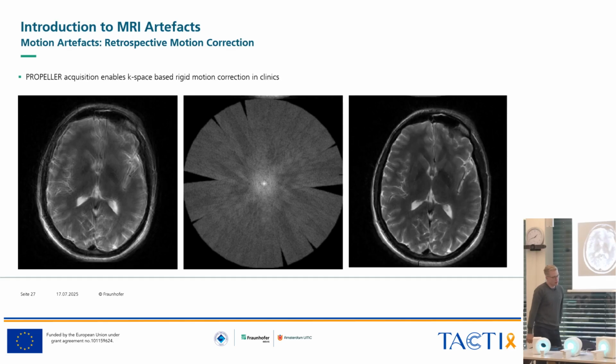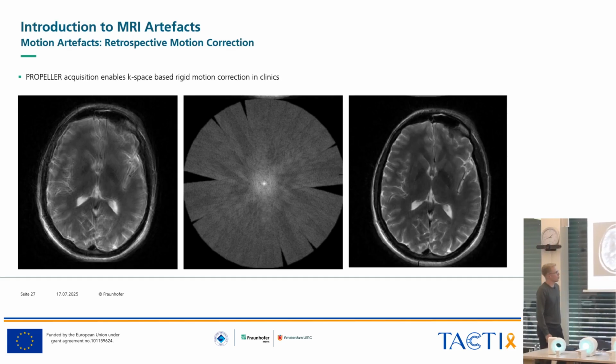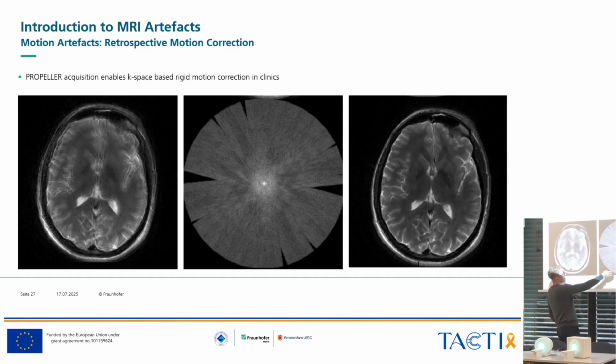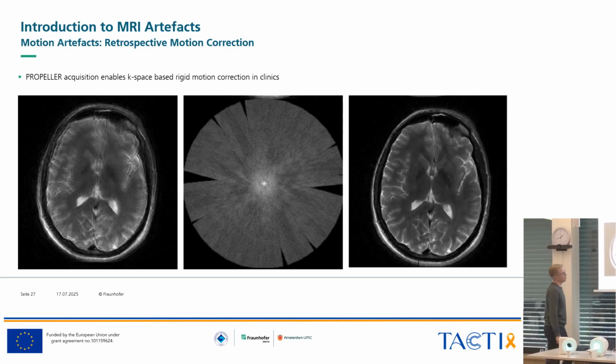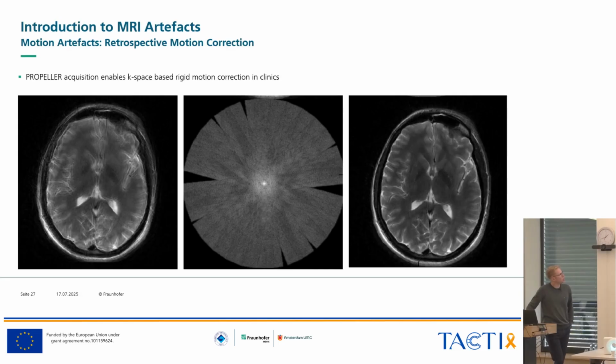As each of these segments samples the central part, you could then reconstruct a low-resolution image from that, do a registration, and optimize the blade angle and phase in k-space, as we see here. So some blades would need to be shifted upwards because the subject did a rotation during the scan. If you then apply the Fourier transform, you would end up with an image which is almost artifact-free, and this is what is basically integrated into each MRI system of every major vendor.